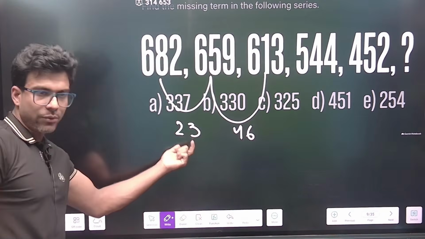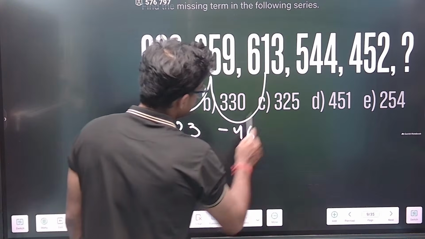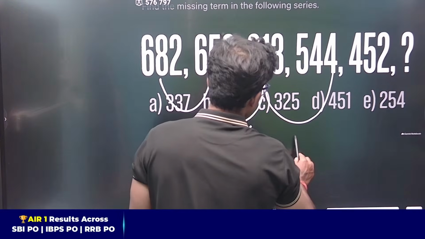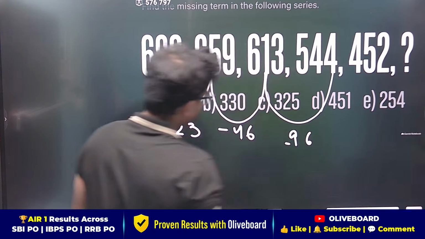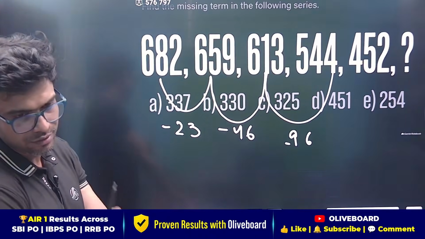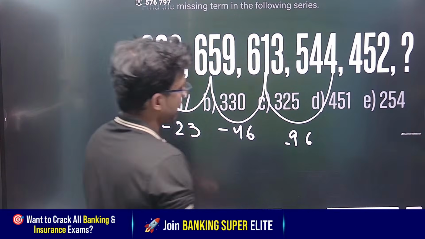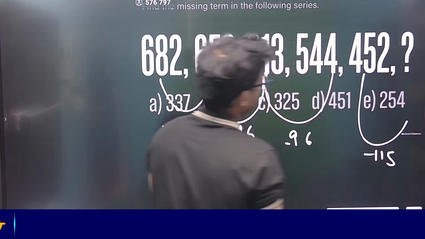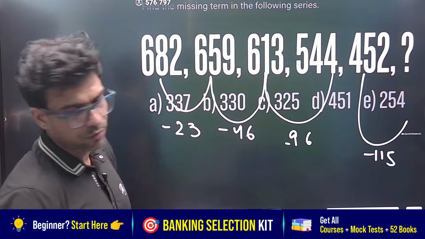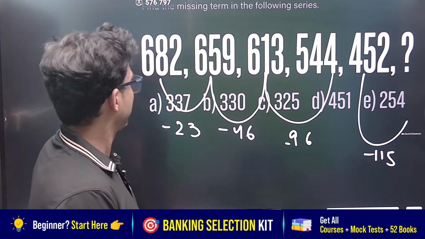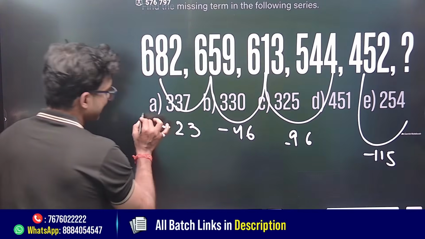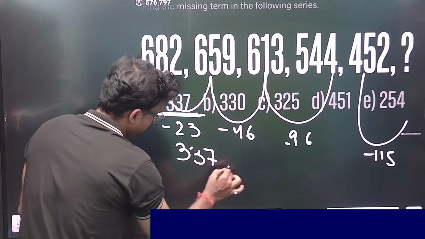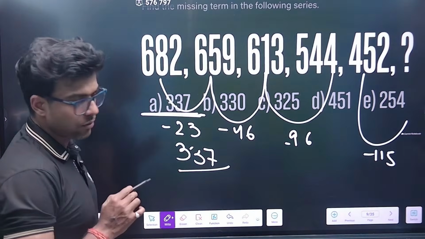Then this would be 69, 92. This is 92 minus. Multiple of 23 is there. Then there is minus 115. 115 means 1, 1, 5, the unit place would be what? 7. If the unit place would be 7, only one option is there containing unit place 7, which is option 337. Okay, I hope everyone is getting this logic.